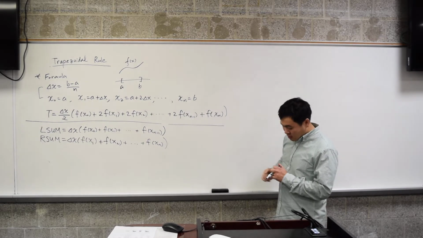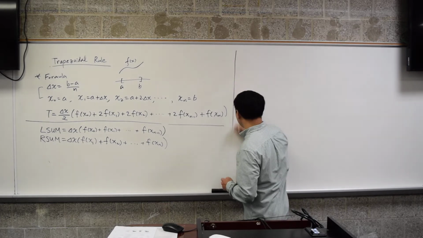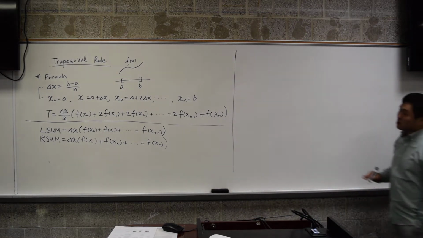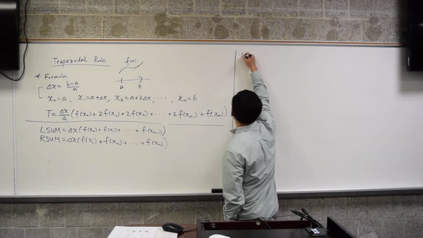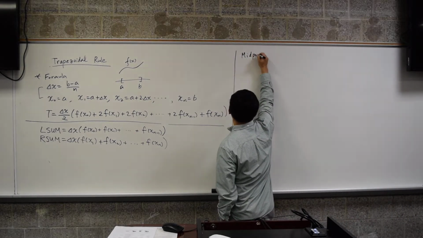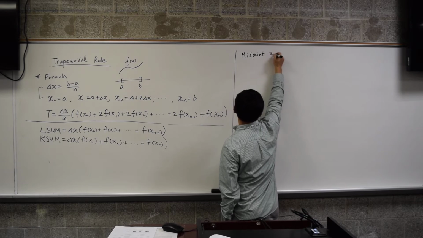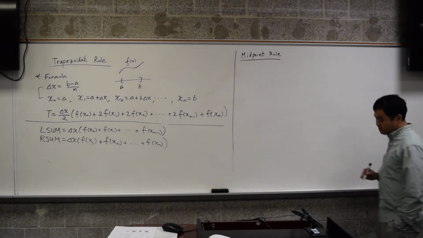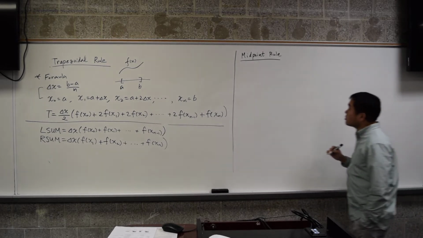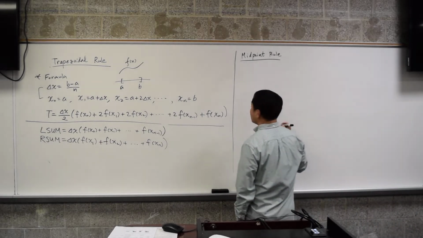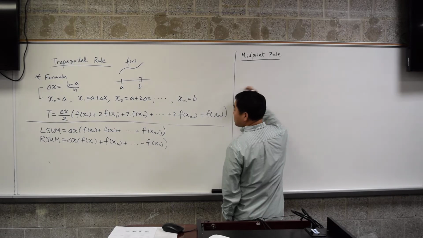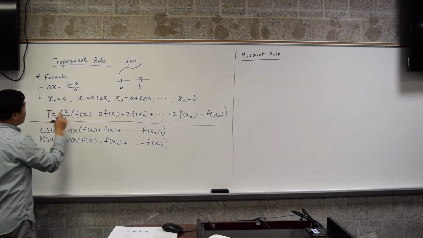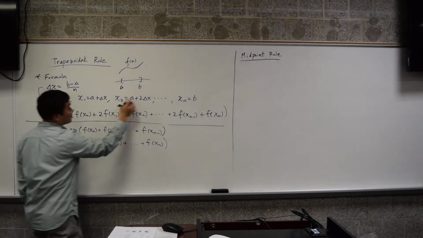Okay, so now let me try to explain what Simpson's rule and the midpoint rule are. First, the midpoint rule, which is kind of obvious. What you do is, we need the midpoints of these intervals. Basically, these are the endpoints of the n intervals.